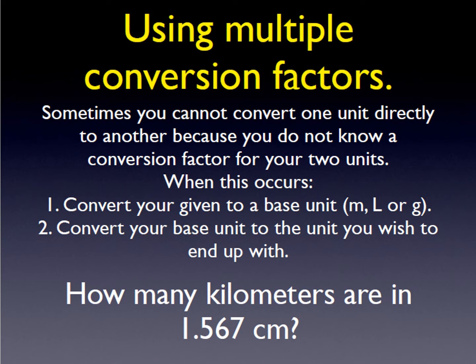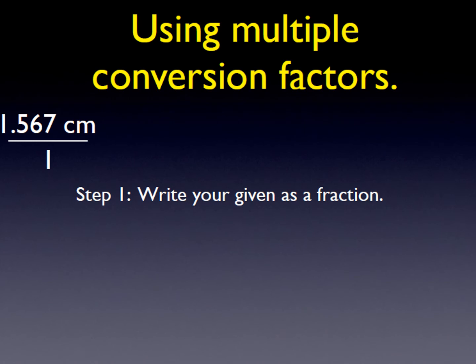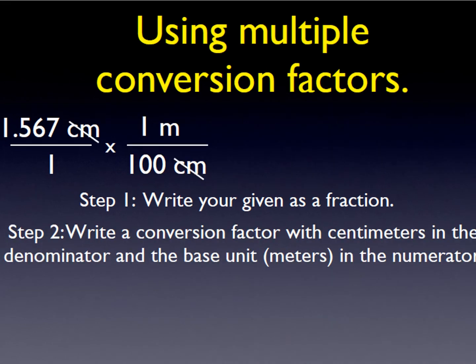So how many kilometers are in 1.567 centimeters? So step 1, write your given with the unit. Again, you don't have to write the 1, but if you do, you can. Write your t-chart. In this case, we have centimeters on the bottom, diagonal from your given, and we know that 100 centimeters is a meter.